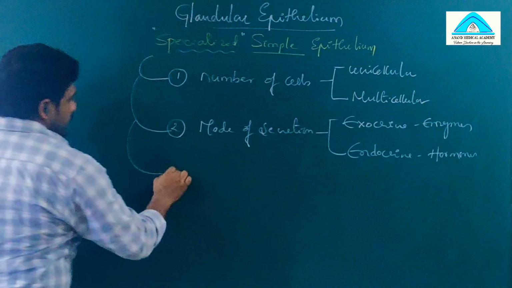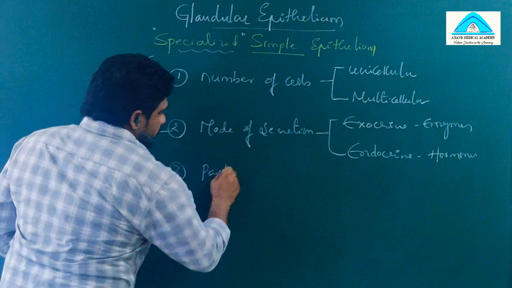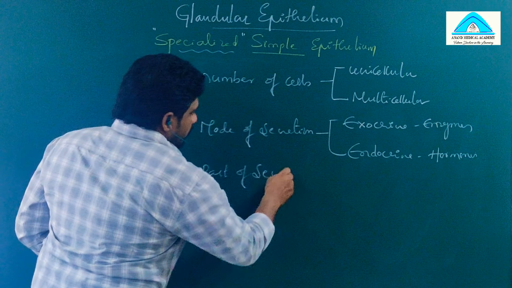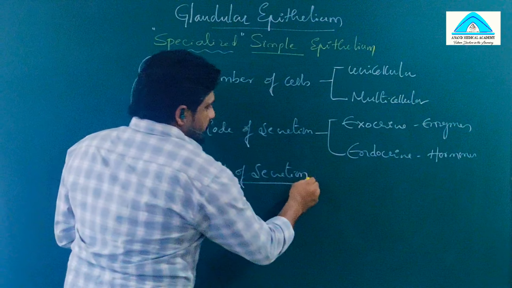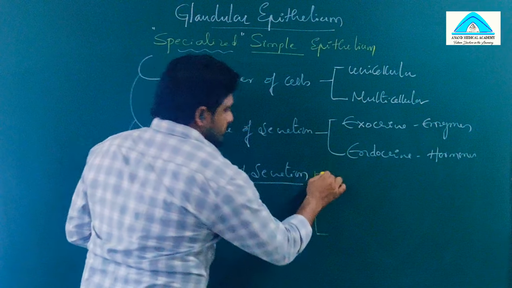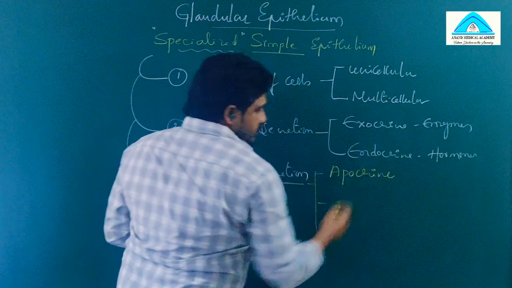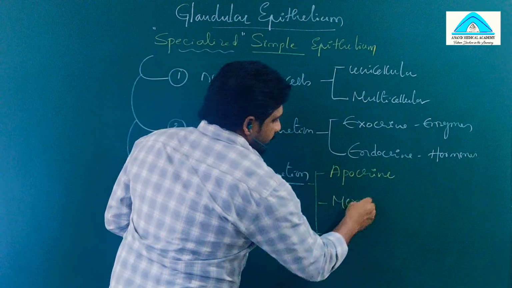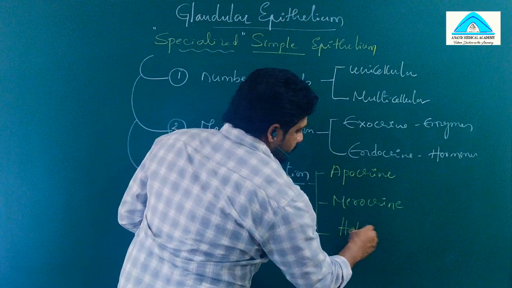Now the last criterion depends upon the part of secretion. Depending upon the part of secretion, it is of three types. One is apocrine, second is merocrine, third is holocrine.